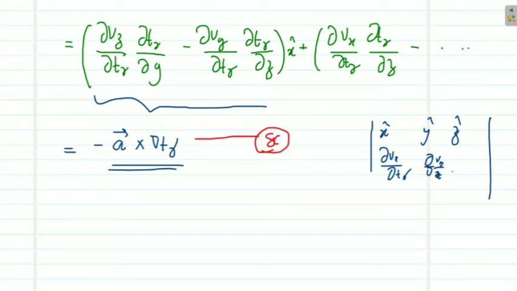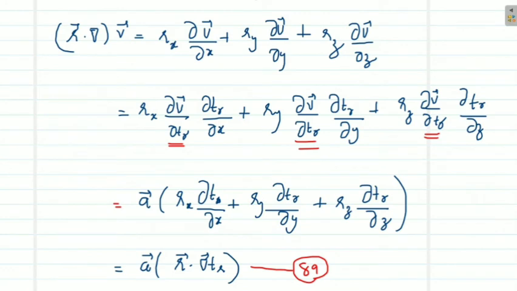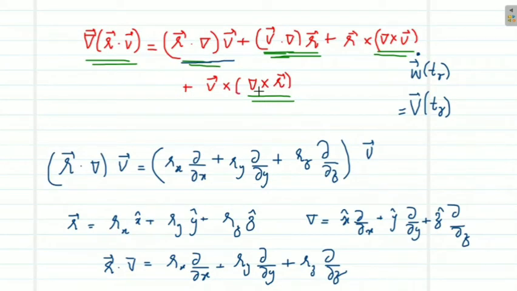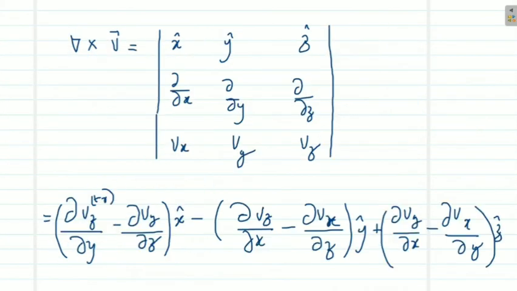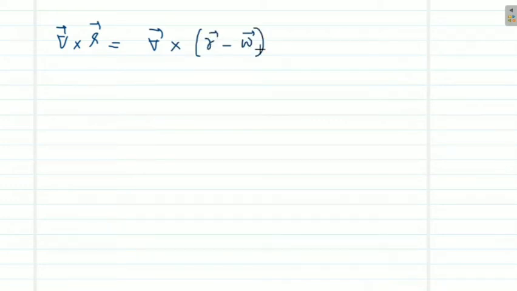And now moving on to the fourth term of that equation, we need to find del cross curly r bar here. You can just note that we have found del cross v bar here, right? Now we need to find del cross curly r bar. We know curly r bar is r bar minus w bar, so del cross curly r bar is del cross r bar minus del cross w bar.